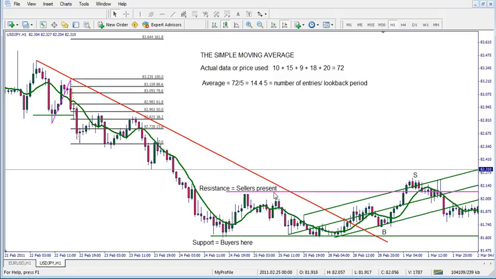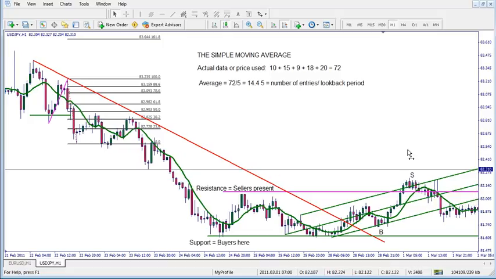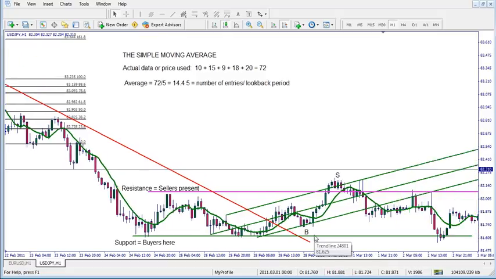This resistance area, this price level, is keeping the price from going higher. So it's called resistance for that area. It's like a ceiling, the ceiling in the house. And the reason is sellers or selling orders are probably in this area. So horizontal price levels provide locations for buyers and sellers.